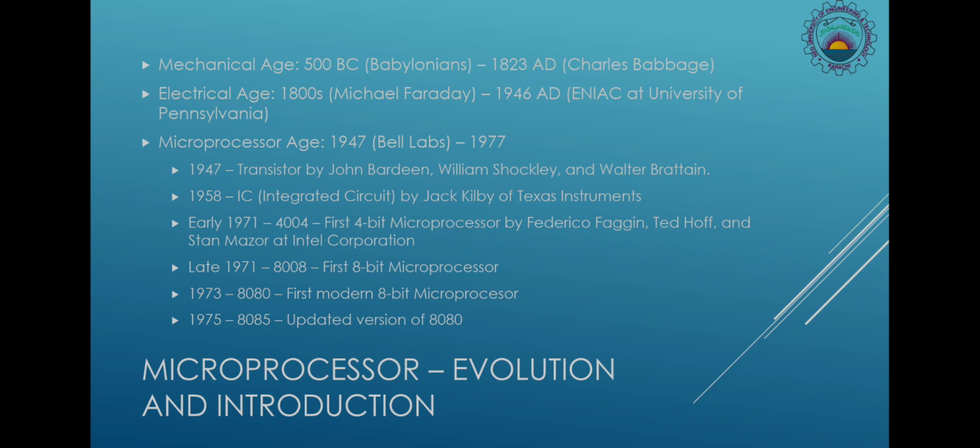So then after that, with the invention of the transistor in 1943, the microprocessor age starts. Then the first IC was made in 1958 at Texas Instruments, and then the technology advanced, and the first microprocessor was invented in the year 1971.